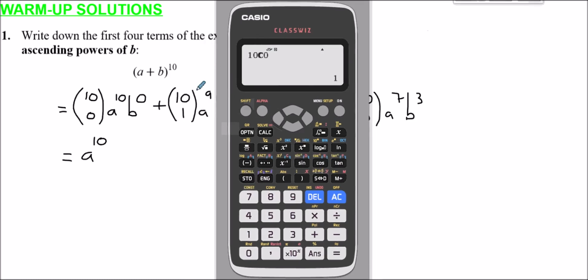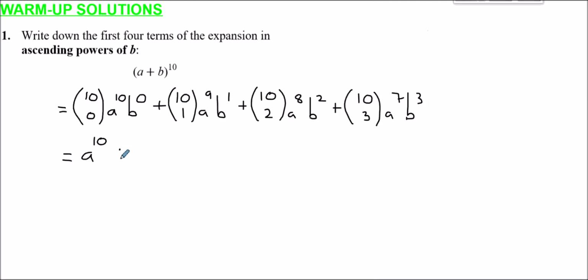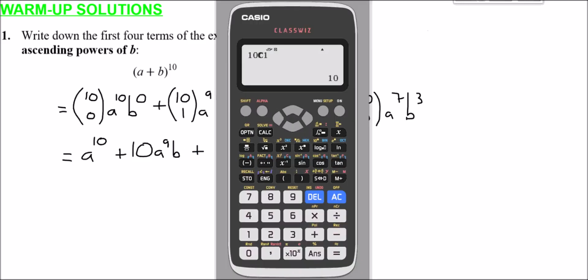The next one we need to do is 10 choose 1. That's just going to give me 10. So then next along we're going to have 10 lots of a to the power 9 b, because b to the power 1 is obviously just b. Next, 10 choose 2. So go back, delete the 1, replace it with a 2. That gives us 45.